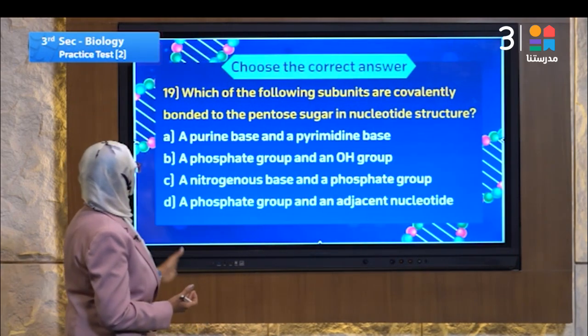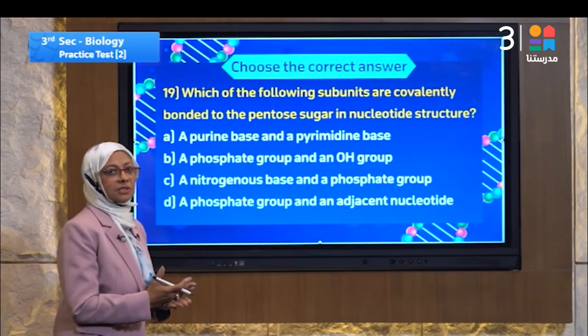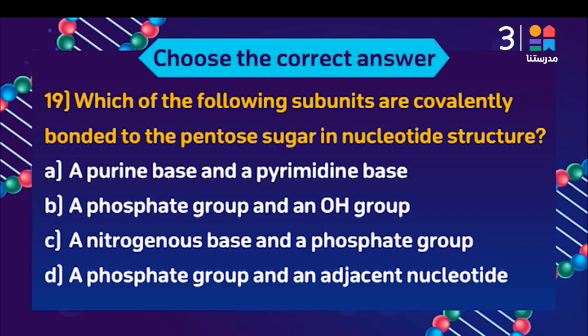Let's answer question number 19. Which of the following subunits are covalently bonded? Here we speak about the bonds in DNA or RNA. Here is the pentose sugar in the nucleotide structure.